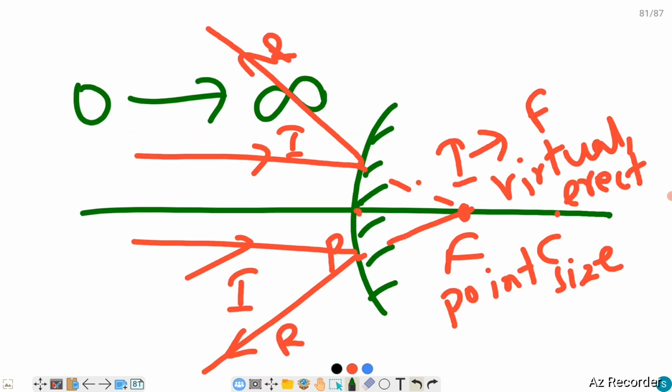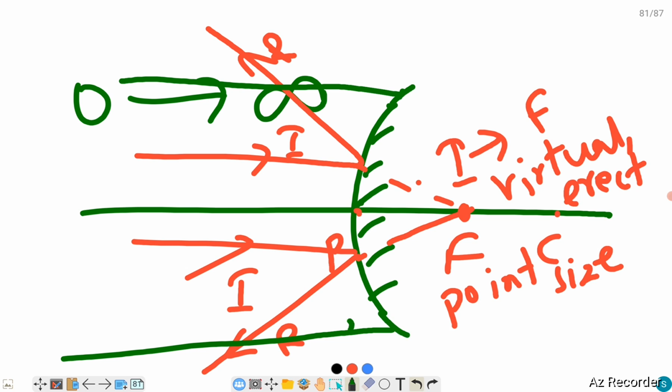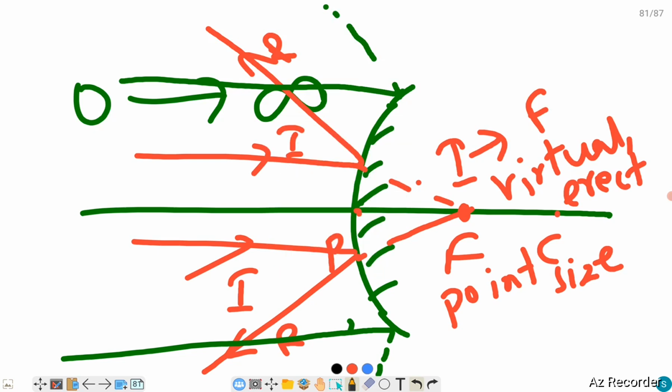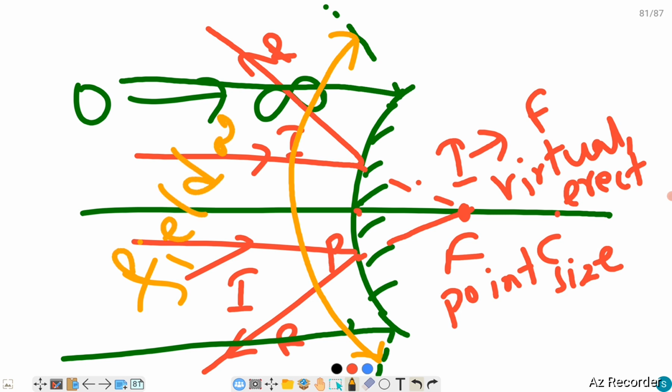Field of view means, now see here, if there is any ray falling at this corner of the mirror and this corner of the mirror, the reflected ray will be here. Correct? Now the space between the last reflected rays, this space is called field of view.